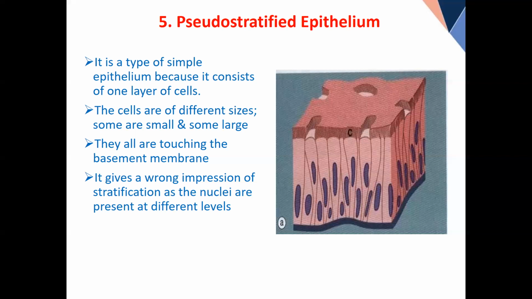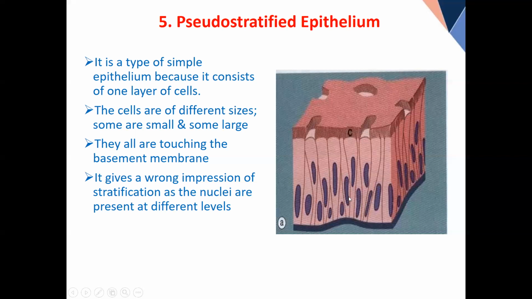Now, the fifth type of simple epithelium is called pseudo-stratified epithelium. Because there is no mouse, I'm finding it difficult. Okay. Now see, as you can see in the diagram, it is an epithelium.